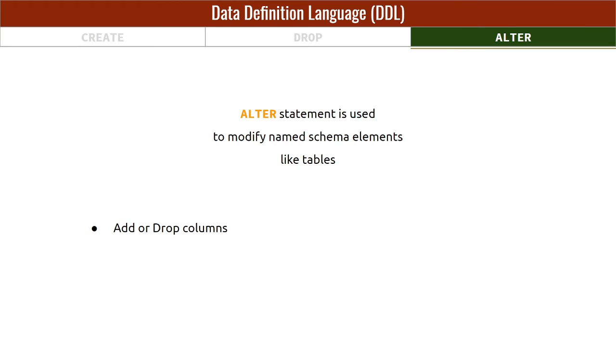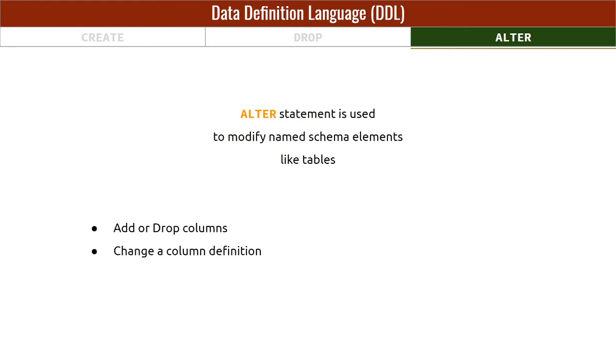Suppose I have created a table. I want to add more columns into the table which has been already created, and some rows are already there in the table. Without dropping the table, I want to add an extra column to the table. You can do that with the alter statement. Similarly, drop column. I have a table and I want to drop some columns, only one particular column. Then you can use the alter statement.